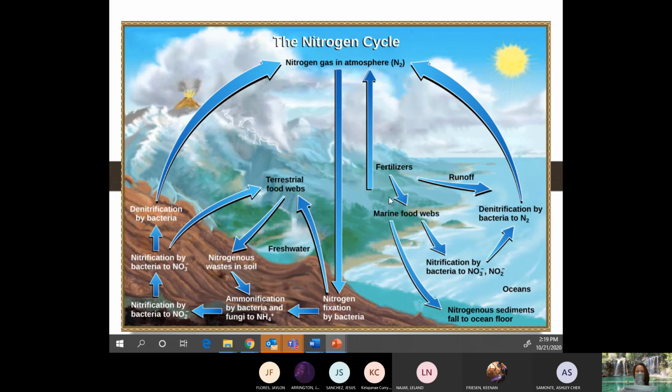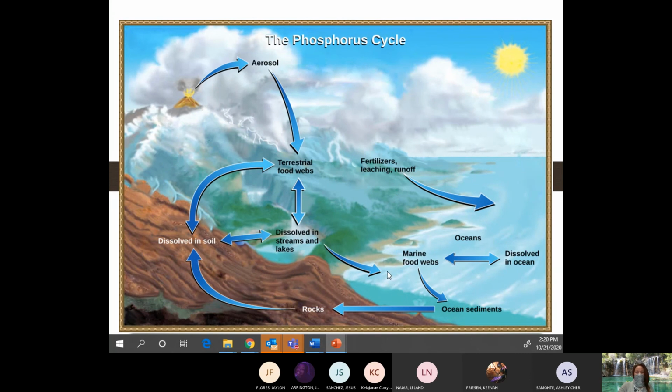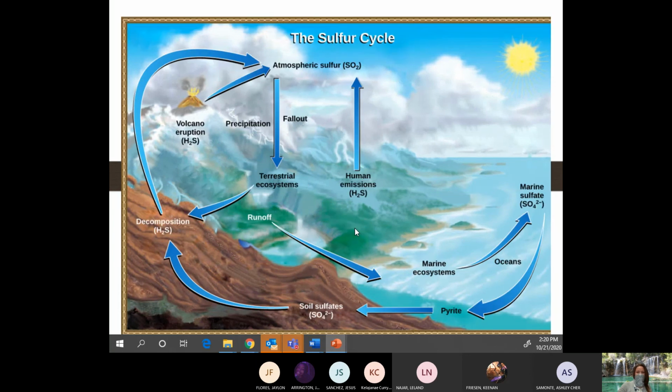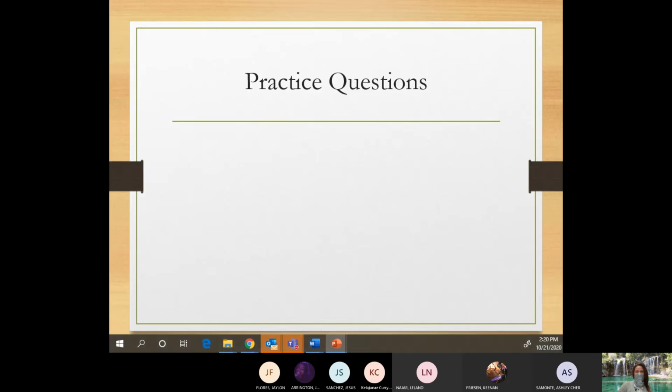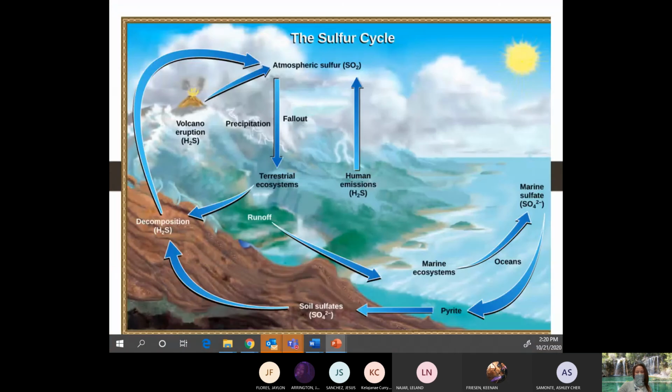You'll see it has all the same stuff, like the fixation, the denitrification, assimilation, all of that. It's in there. I think I went out of order on here. Yeah, because there's the practice questions.